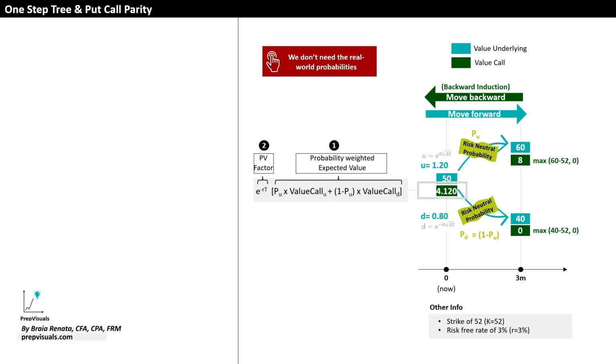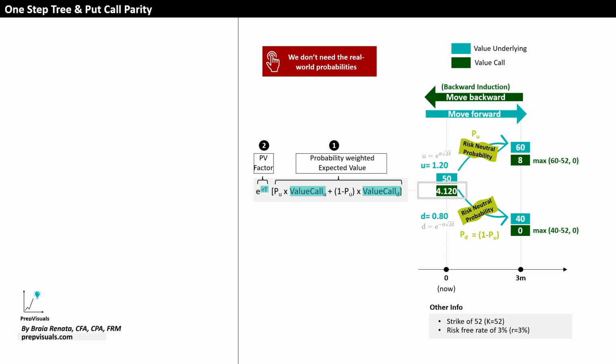And what I want you to notice is that we have all the necessary inputs in front of us, because this component over here is the risk-free rate, which we are given to be 3%. This component over here is the length of the time period, which is given to be 3 months. This value over here is the value of the call option, assuming an upward move in the underlying, which is calculated to be 8.